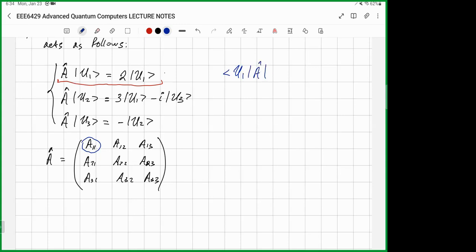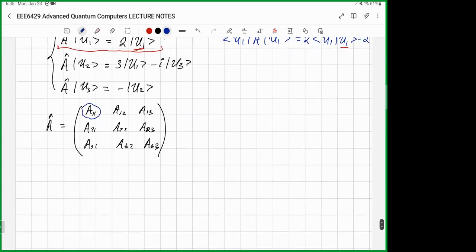It gives us the following: u1 times operator A u1 is equal to 2, which is a constant, times u1 from here. This u1 here and here. Okay, u1 times u1 is equal to what? Is equal to 1, because the vectors are orthonormal. So the result is 2.